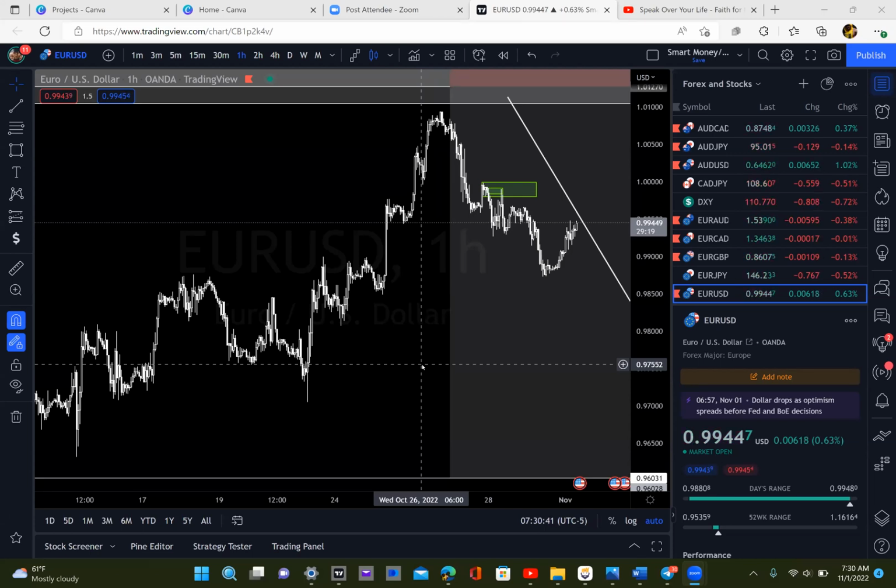Today, we're going to look over a couple setups. We're going to take it back a little bit, because we've been looking at this price cycle for the last couple of days.